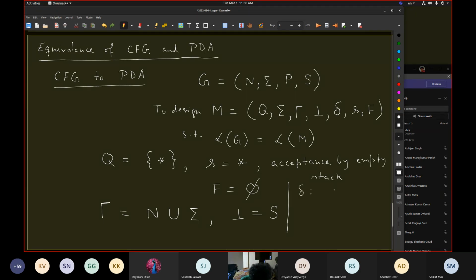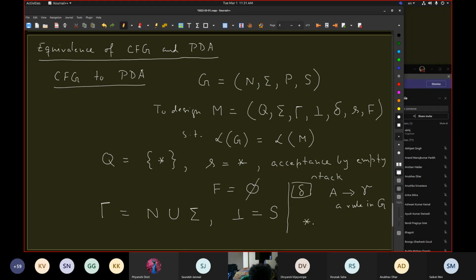Suppose I have a rule of the form A goes to gamma. This is a production in the given grammar G. So I will have the transition.